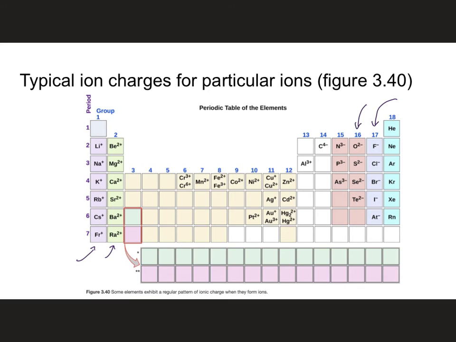The oxygen group tends to gain 2, and the nitrogen group tends to gain 3. Carbon, I'm going to put this one in parentheses. Carbon is not a very good electron gainer or loser. In a rare instance, you might see it losing or gaining. And aluminum makes sense, I think, because if it loses 3 electrons, it becomes isoelectronic with neon.